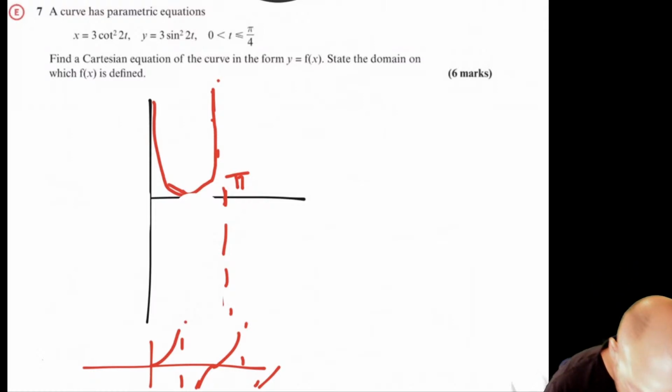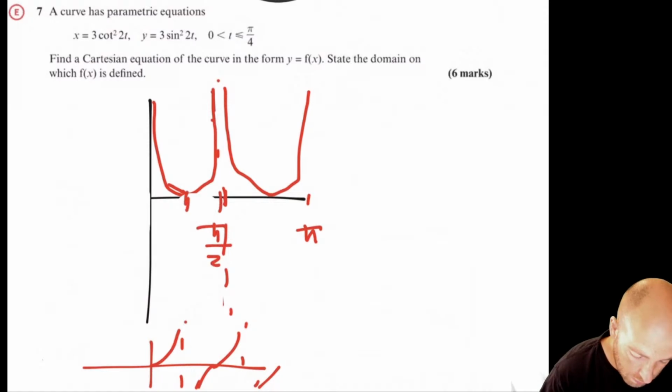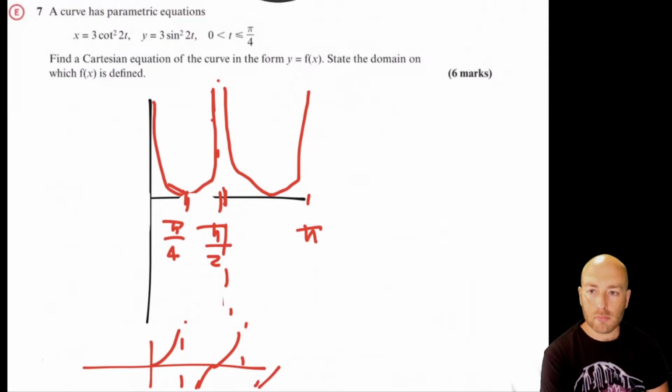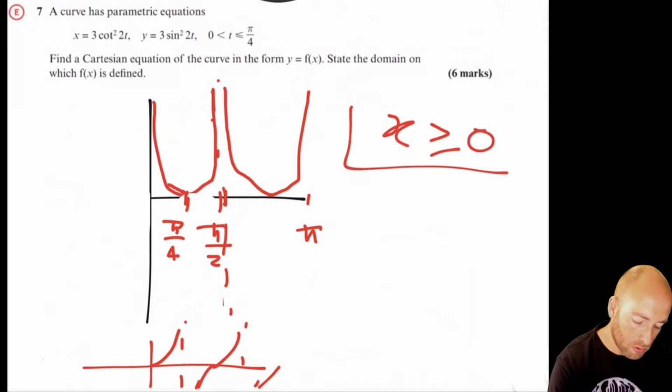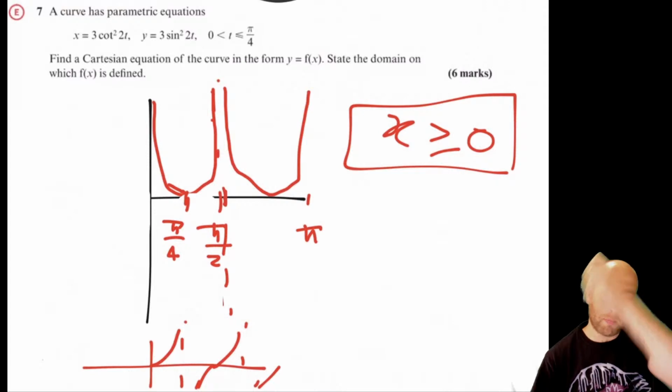So I can actually then get rid of this. That would be pi, so pi by 2 would be here. So pi by 4 would be like that. So we can then say x has got to be greater than or equal to 0. Everyone all right with that?